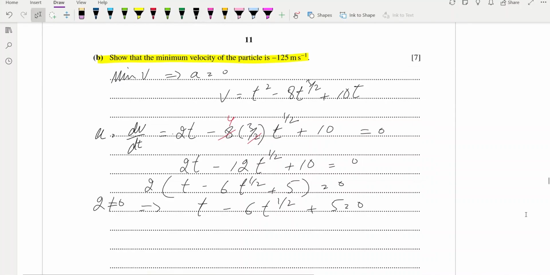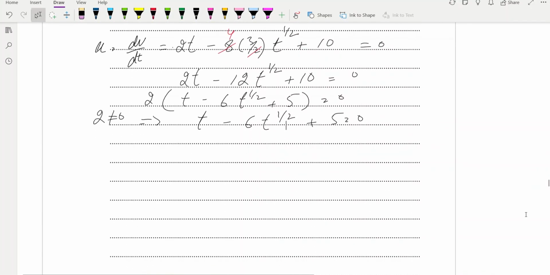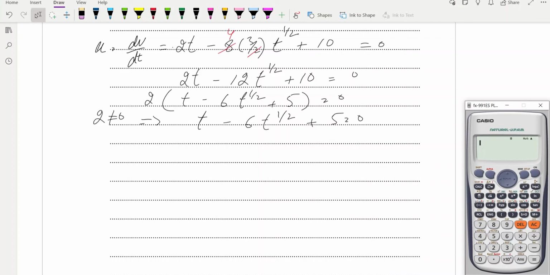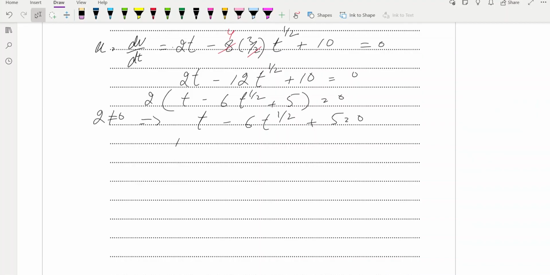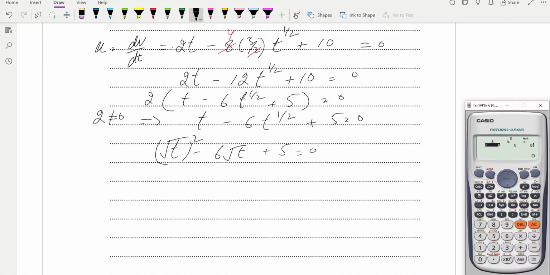Now we can apply the quadratic formula, or I'm using a calculator. We can write t minus 6 under root t plus 5, writing it as under root squared is equal to 0, and the coefficients will be 1, then minus 6, and then 5, and the roots will be 5 and 1.